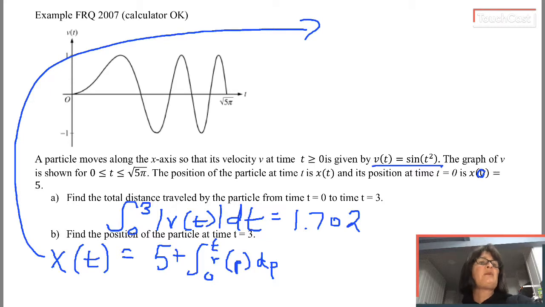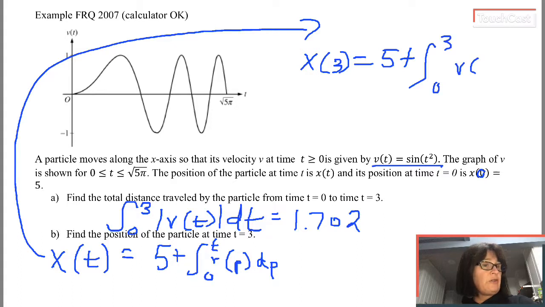I've been asked to find the position at time 3. I'm going to call that x of 3. And that's going to be 5 plus the integral from 0 to 3, v of p dp. At this point you could use any letter you want. You could go back to t's. If you don't have any t's here, I'm just going to leave the p. This part you can use your calculator to help you find. I'll do that next.